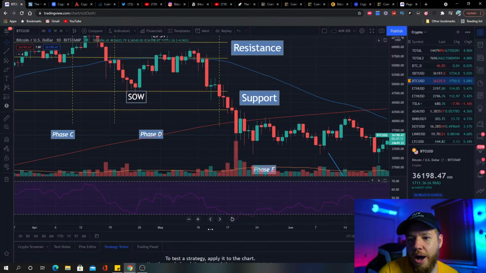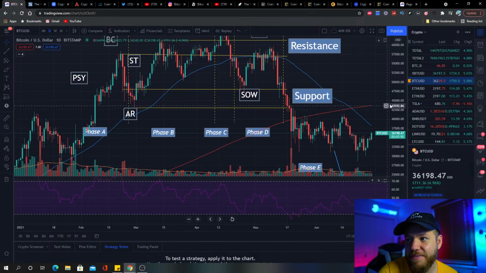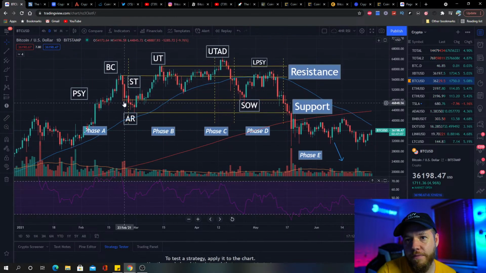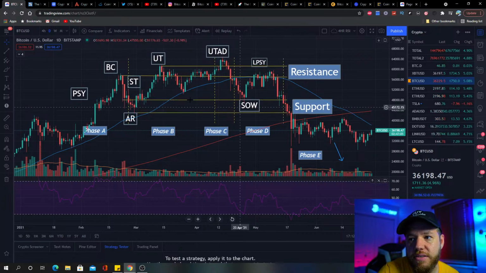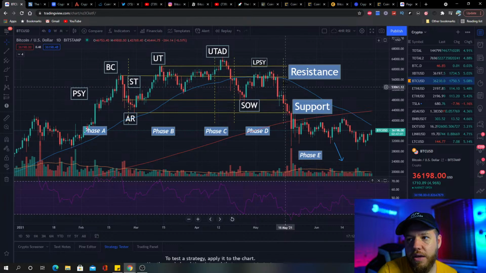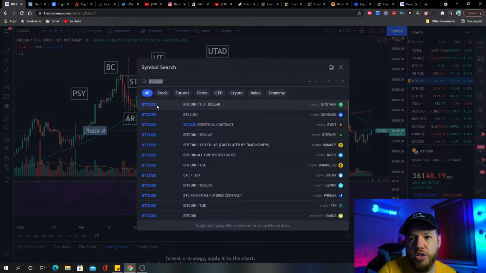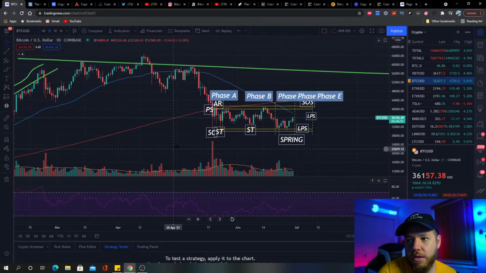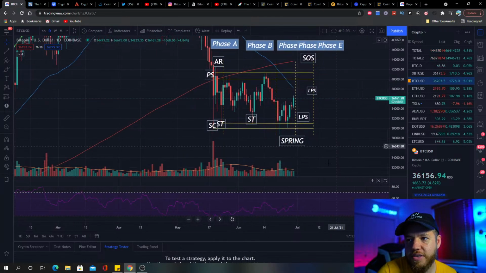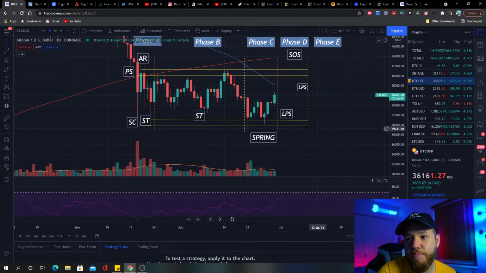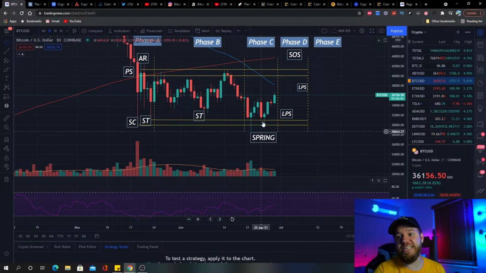But from everything that I've gathered here, over the last basically 6 months, this would have been the distribution schematic. And then you can see phase E here where we dropped. And then this could potentially be the accumulation schematic here. And it's been following it to the T at the moment.